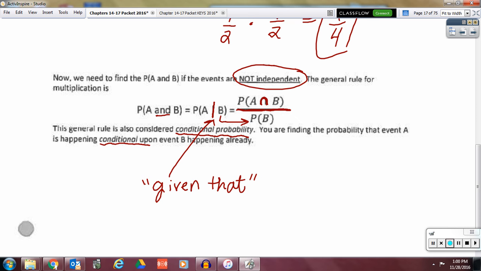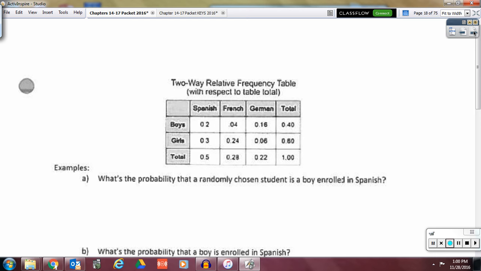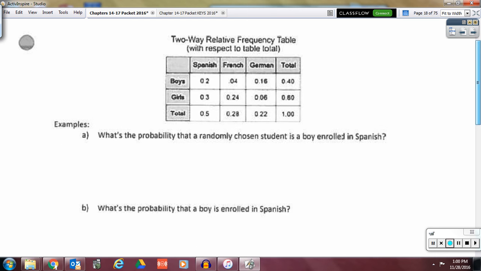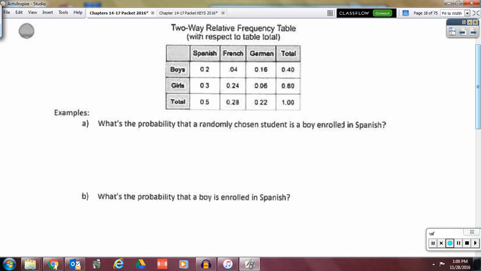Okay. These formulas are actually on your formula chart. I think I'm going to show you those tomorrow, because we're just using those 2 right now. So let's go on to the next page. Let's rewrite this formula and see if it makes sense to us. Probability of A given that B has happened. What's going to go on the bottom?